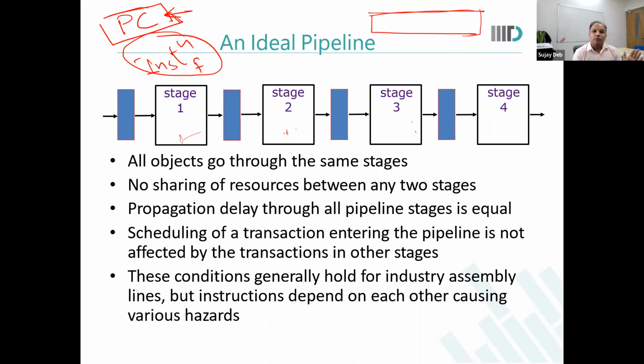Now, in this stage, I will also need to do something else. We have fetched the instruction, but I also need to update my program counter so that next time when I want to read the next instruction, I can read the next instruction, not the same instruction.